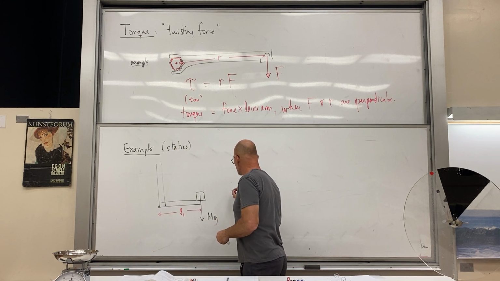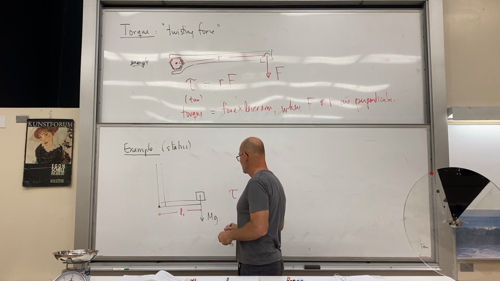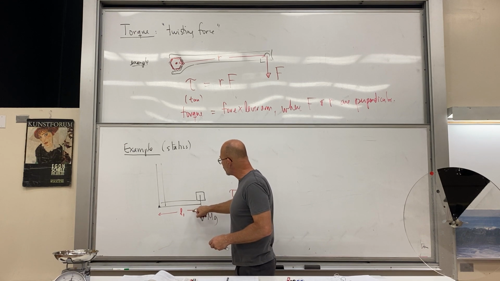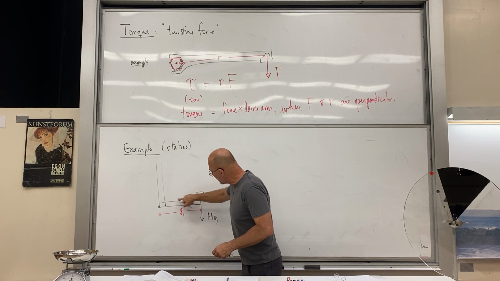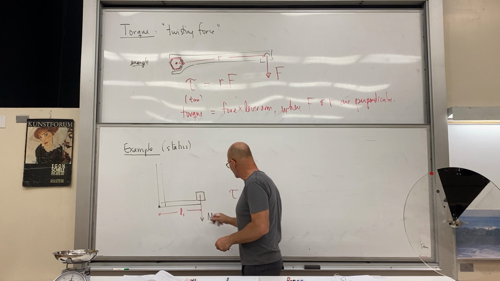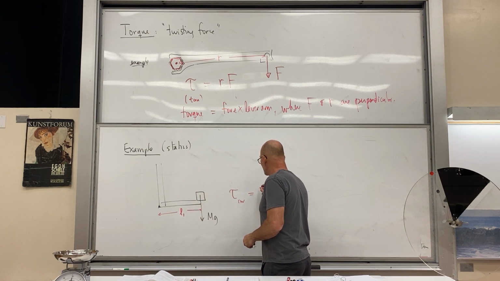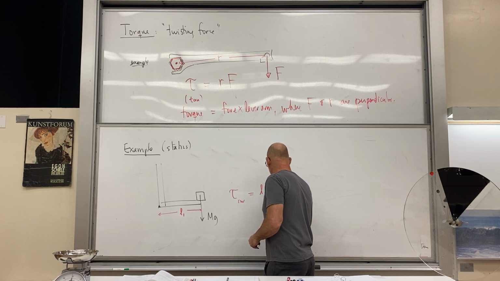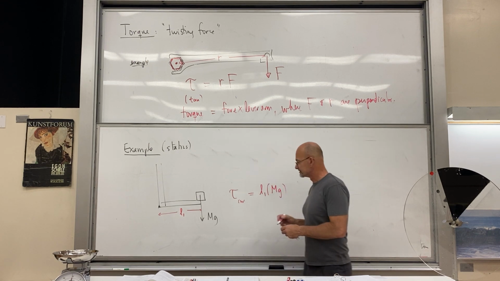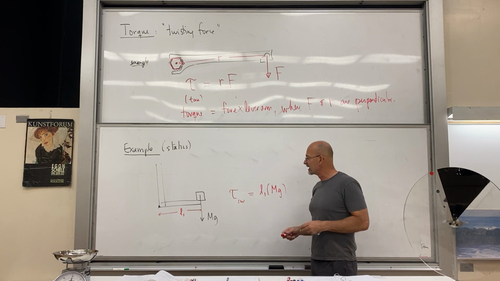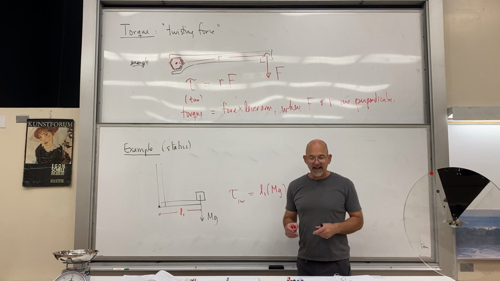So I have the torque, and it is a clockwise torque because this arm here is trying to go clockwise. Clockwise torque is equal to L1 times mg.